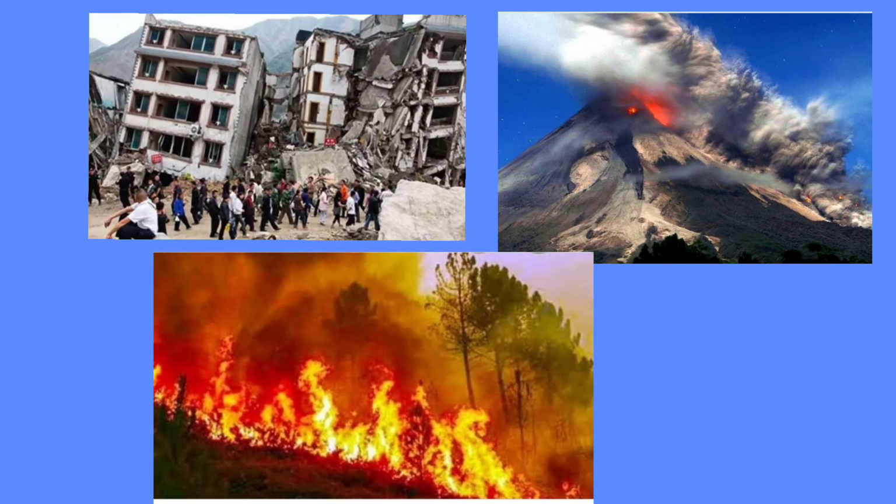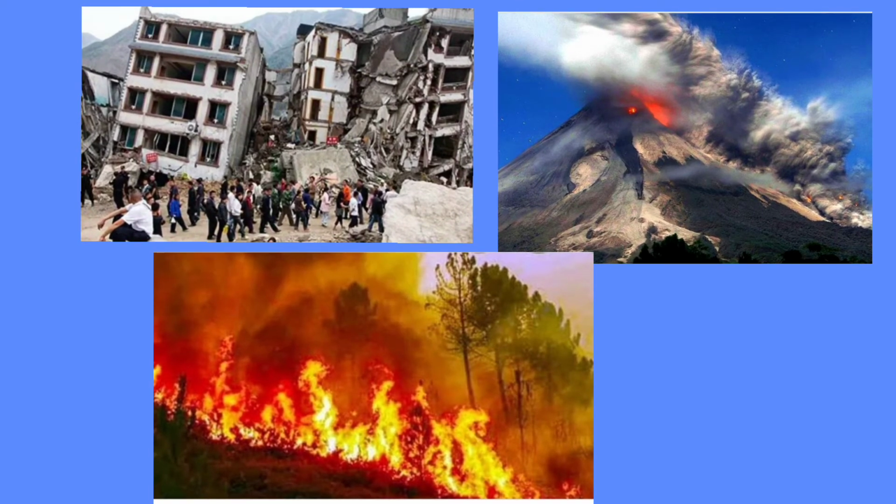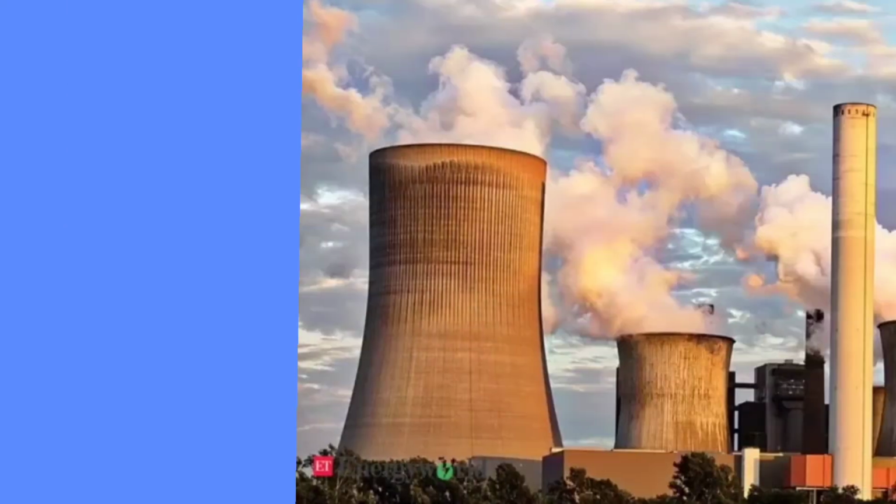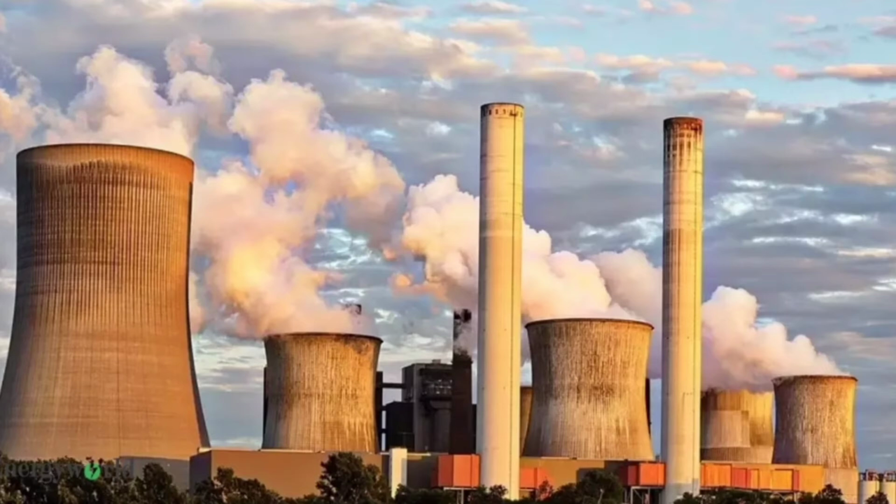Earthquake, volcanic eruption, flood, forest fire, etc. are undesirable changes which are quite harmful for us and we don't want these changes. Interesting fact: the production of electricity in a thermal power plant is quite useful for us. But due to emission of smoke and other harmful gases into the environment, the process becomes undesirable.